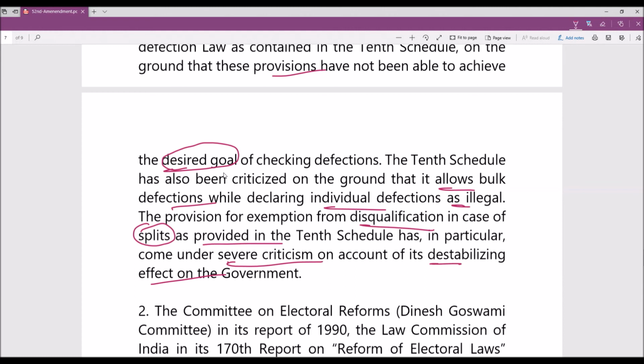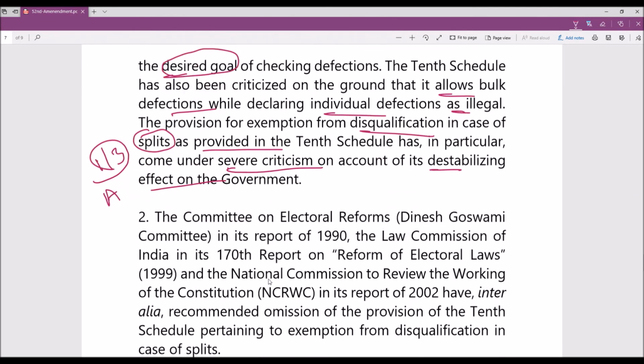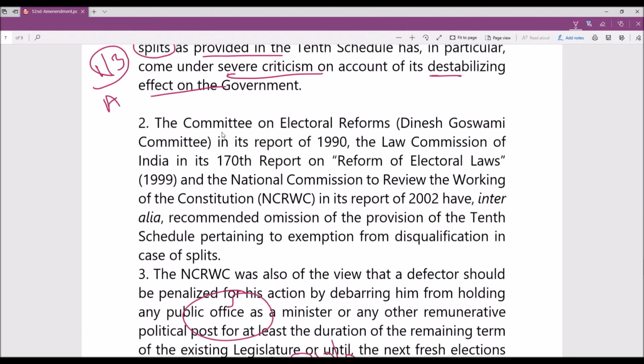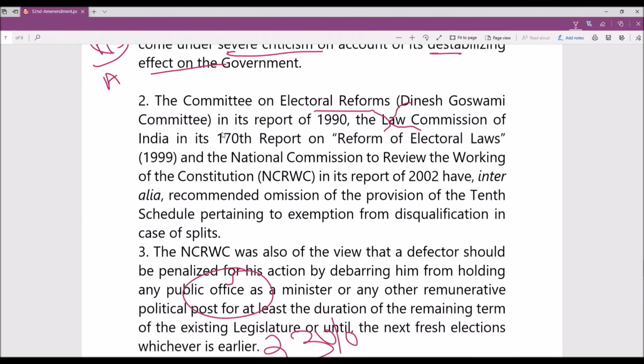This split was like, if 1/3 of members say we will not be members of this party A, we'll do whatever we want. So this was a very destabilizing split. So it is removed. Second is the committee, the Committee on Electoral Reforms. What is this committee? It is the Dinesh Goswami Committee. It reported in 1990.